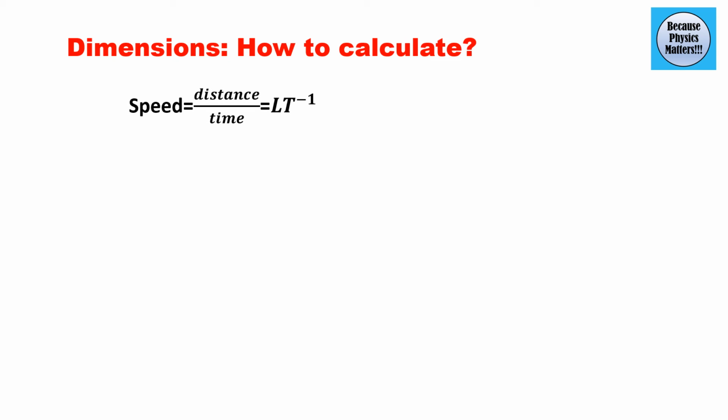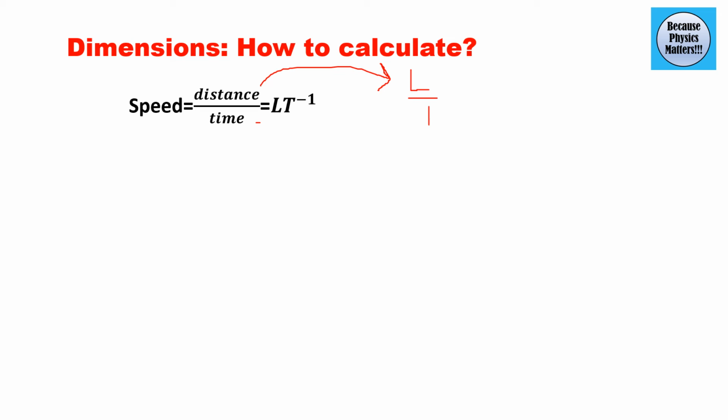So this is very simple. For example, if I talk about speed, as you know, it is the ratio of the distance traveled upon time. For distance, as I have shown you, I will use L. Similarly, for time, in the denominator we have time.